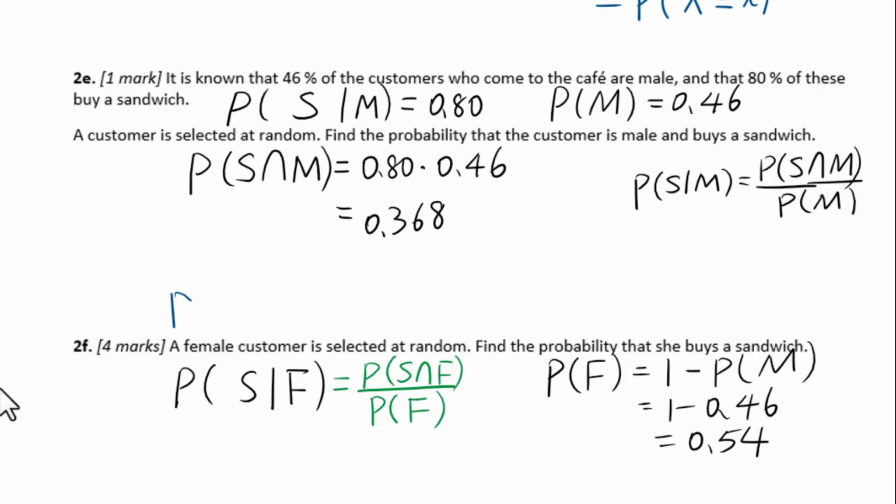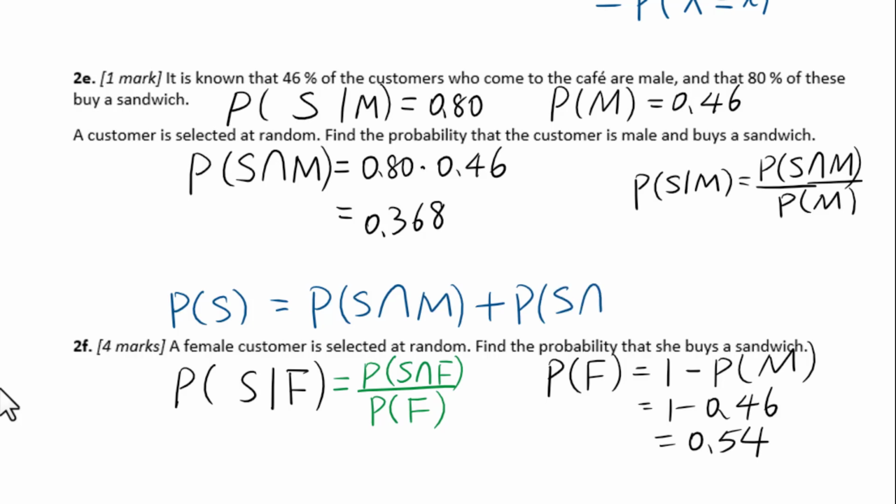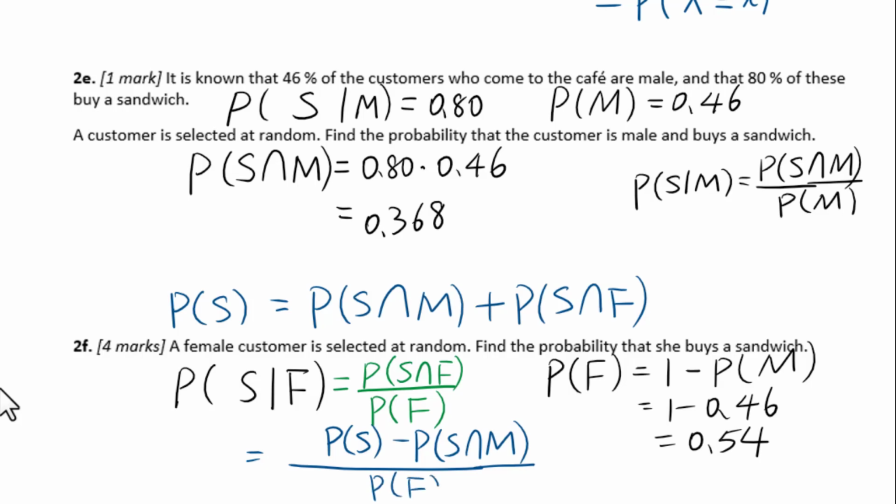As we know, the probability of sandwich equals the probability of sandwich intersection male plus the probability of sandwich intersection female, which means the probability of sandwich intersection female equals the probability of sandwich minus the probability of sandwich intersection male, over the probability of female.